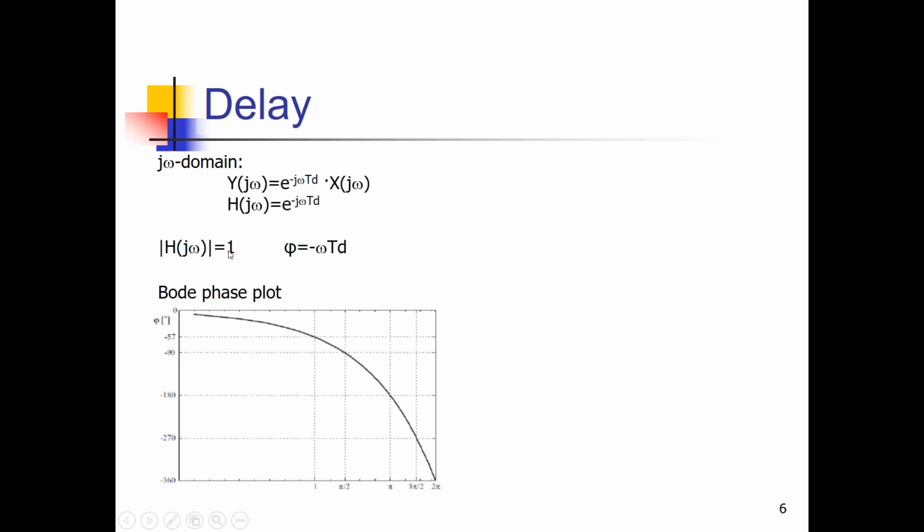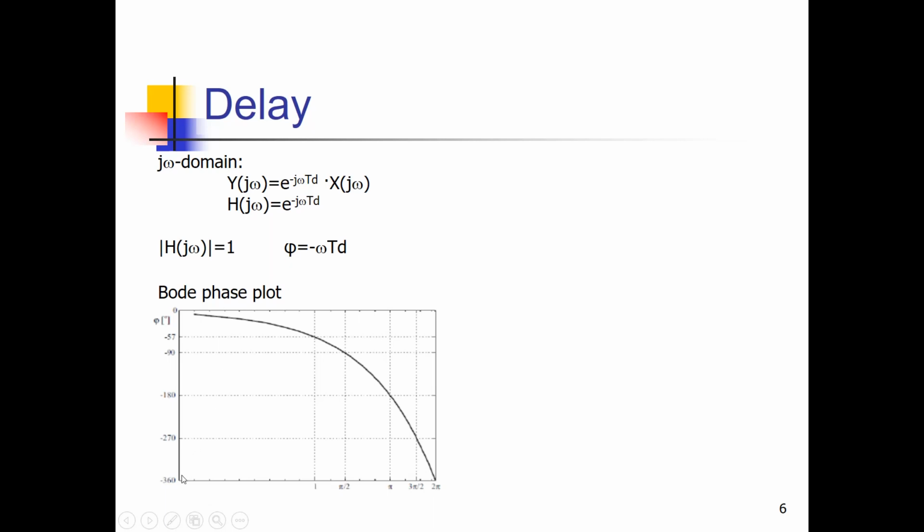It's 1 or 0 dB. But my phase plot, as we have discussed, is frequency dependent because it's minus omega times Td. And probably you expected a straight line, because when omega increases, the phase will become more negative, so it will decrease.